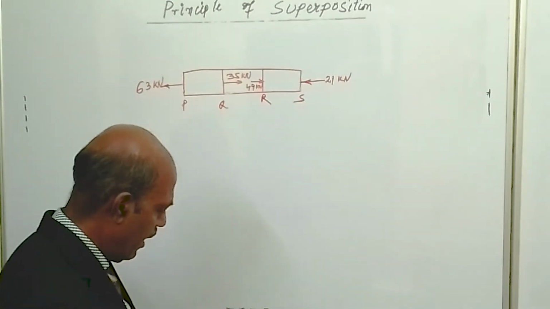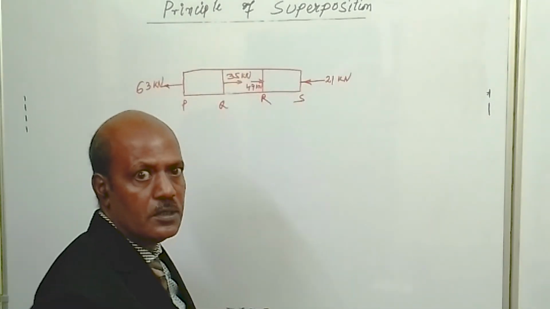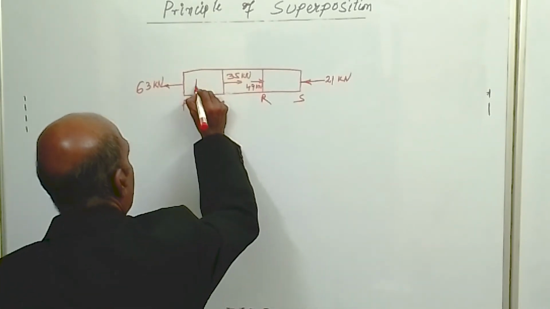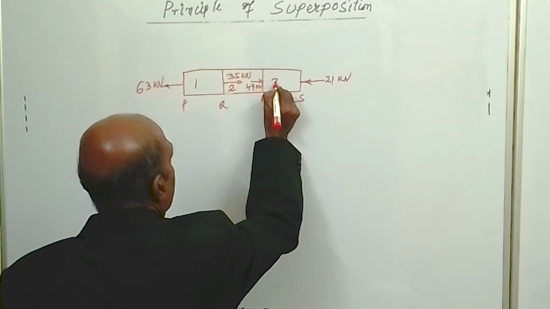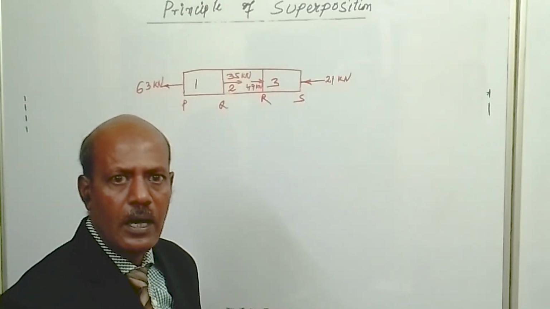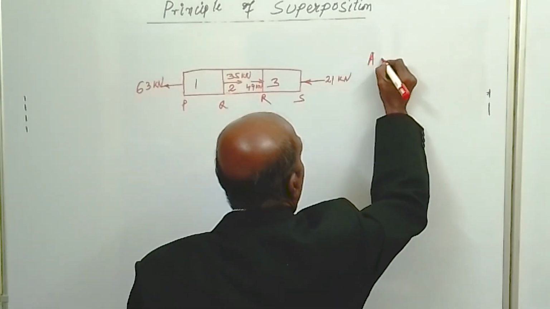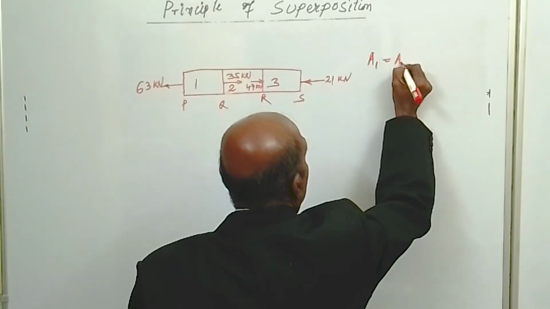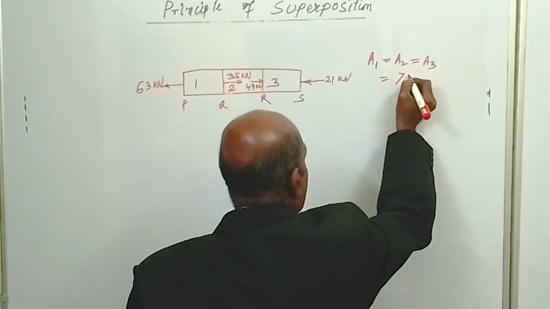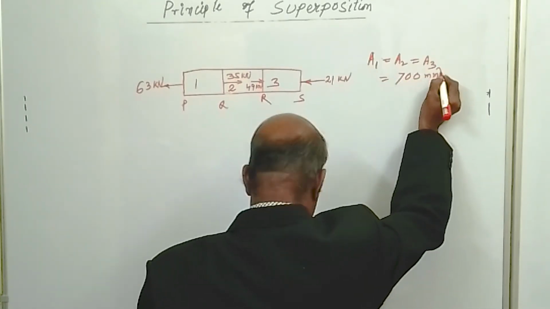Now the question is, a uniform bar, with cross sectional areas of section 1, section 2 and section 3, all of the same area. If we mark them 1, 2, 3, the area is A1 is equal to A2 is equal to A3 is equal to 700 millimeter square.